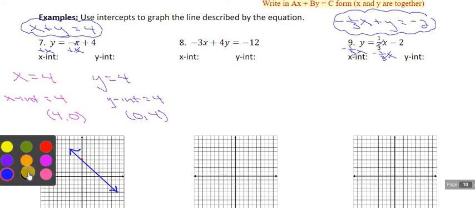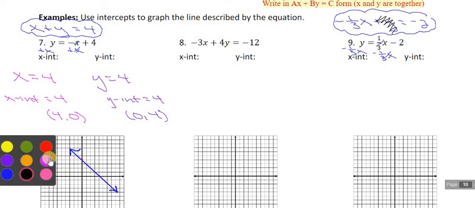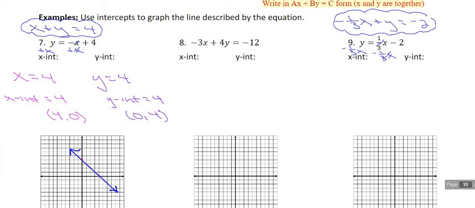Okay, now, in order to find the x-intercept, it means make y go away. So I'm going to scribble out the y. Okay, so what do we do now? Well, it says negative 1/3 x equals negative 2. So let's write that. So negative 1/3 x equals negative 2. I can write this as negative x over 3 equals negative 2.